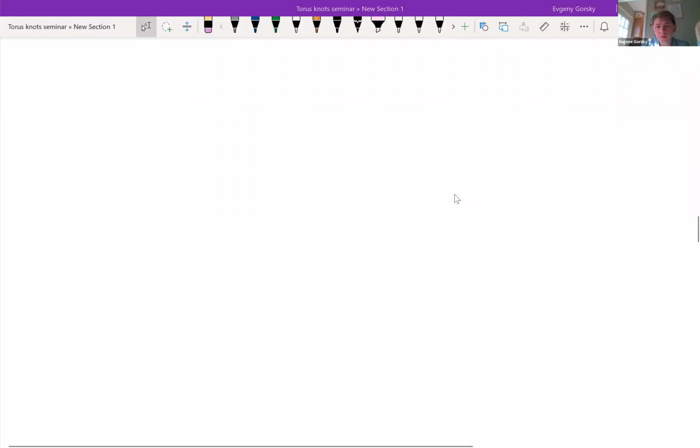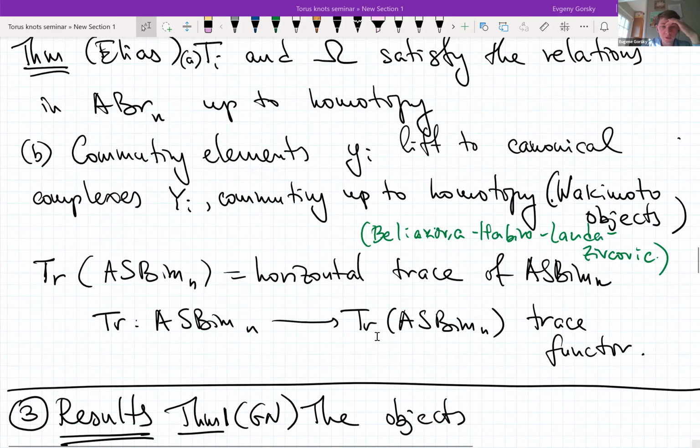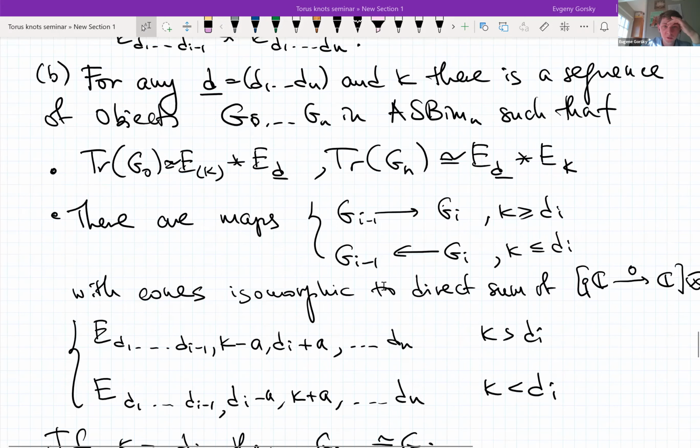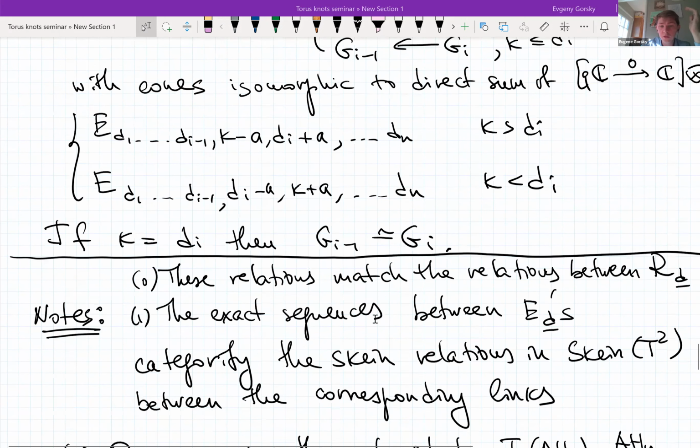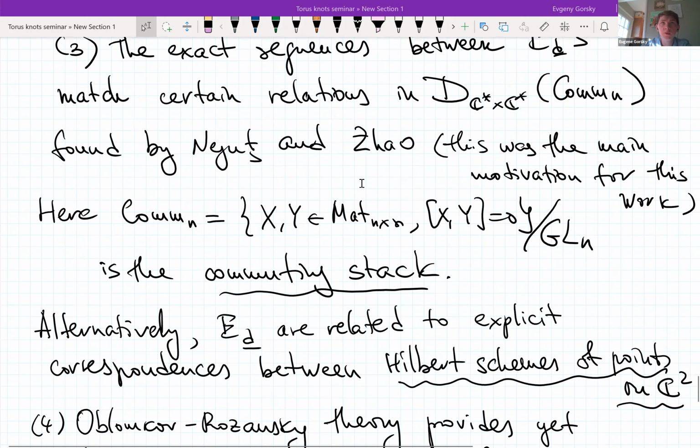Sorry, my screen just blanked. Is this the derived category of the commuting stack? I think that's the algebraic side, yes. But you can ask what the generators and relations are, and whether there is some kind of diagrammatic categorification. There are some algebraic constructions here, especially in the work of Zhao, which say that you have some objects, and then you have kind of scalar products of these objects, and you have some relations between them and some morphisms.